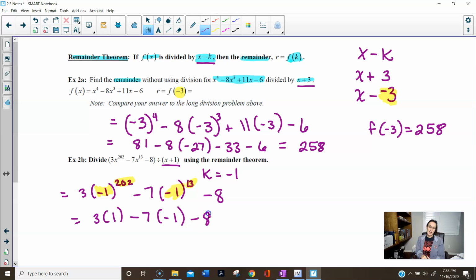And then subtract 8. And so 3 plus 7 subtract 8 is 10, subtract 8 is 2. So what is the remainder when I take this and divide it by x plus 1? The remainder happens to be 2.